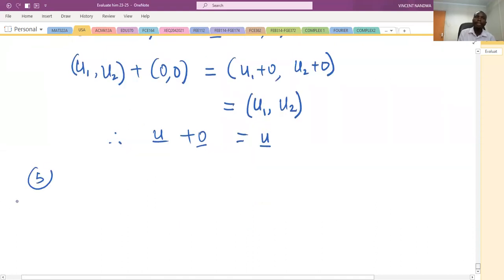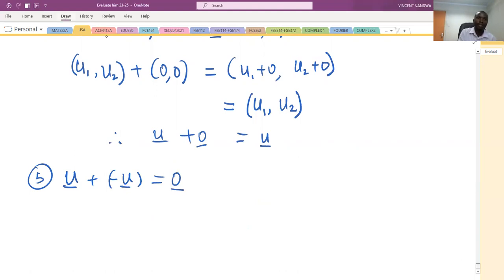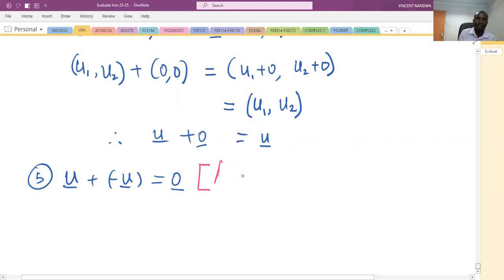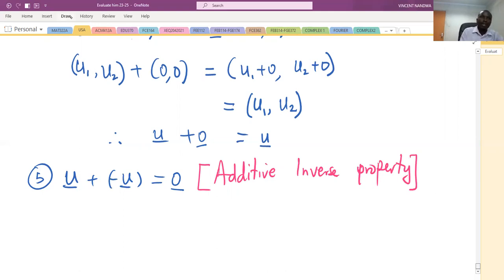Number 5, there exists an element such that U plus negative U gives us a 0 vector. This is called the additive inverse property. For illustration, you pick your U, which is U1, U2.